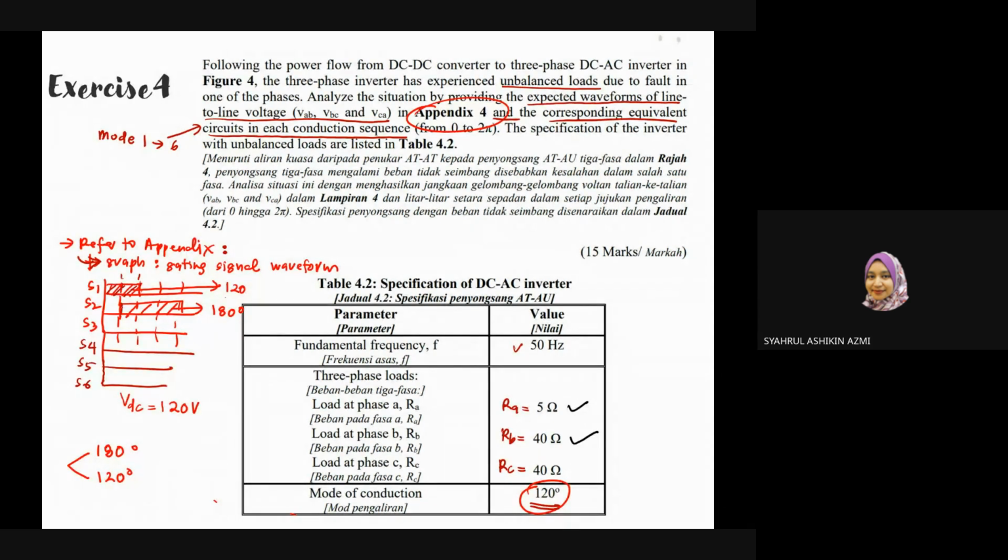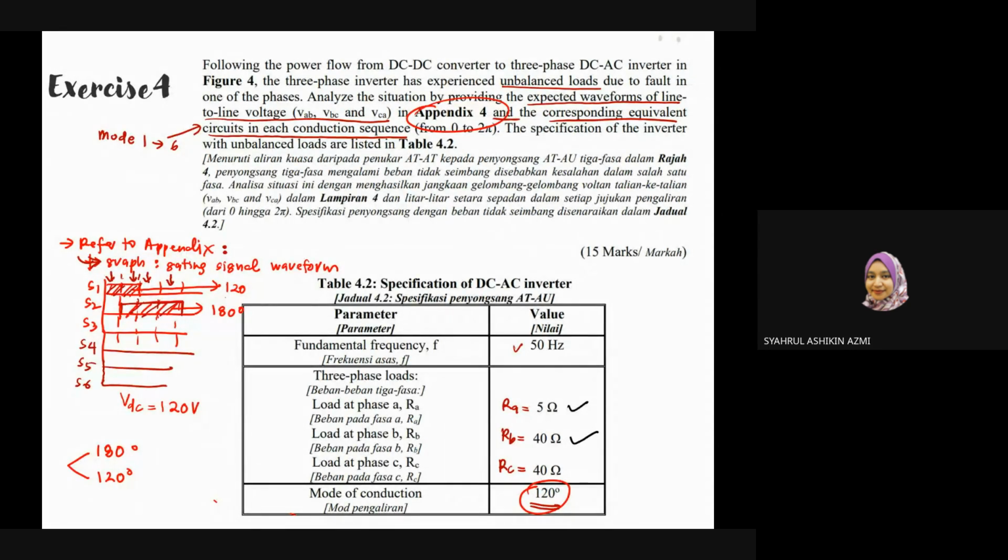If it is shaded in three boxes, okay, three boxes here, it represents 180. Okay, you can always check by looking vertically to see how many switches are turned on.